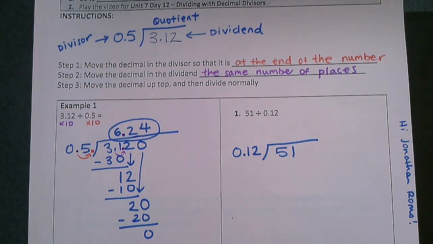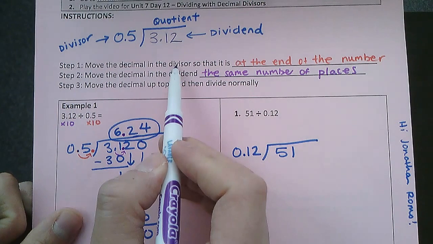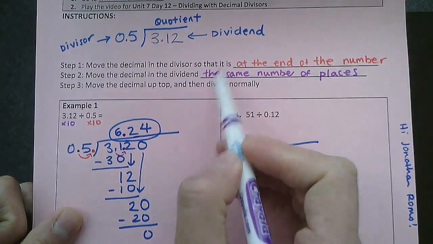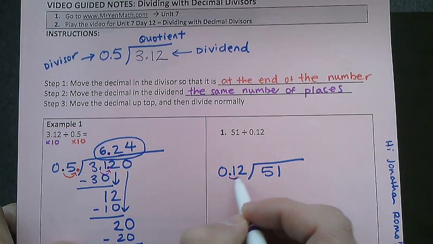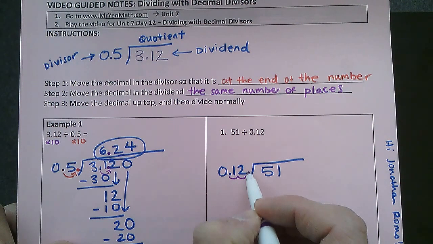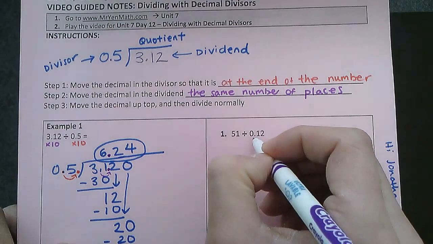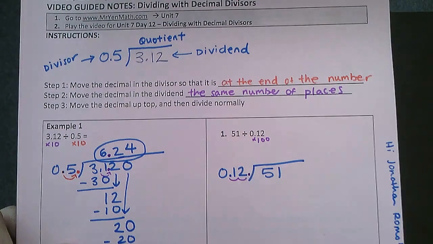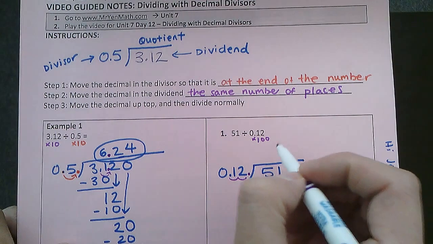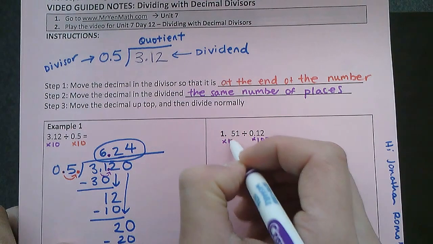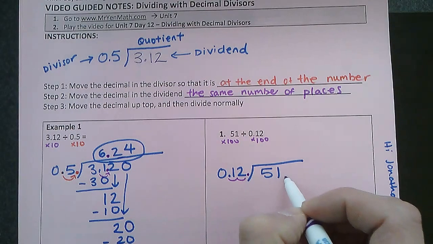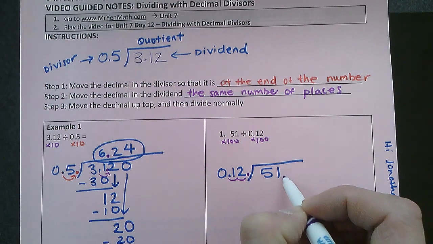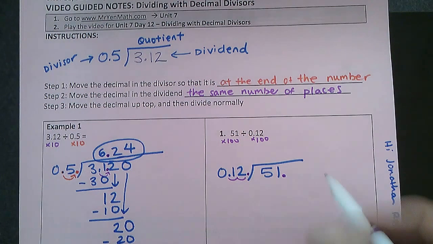Okay. So step 1 is to move the decimal in the divisor, which is 0.12, so that it's at the end of the number. In this case, we have to move the decimal 1 place, 2 places, so that it's at the end. That's the same thing as multiplying it by 100. And if we multiply this number by 100, we have to multiply 51 by 100 so that it stays equal. In 51, we don't see a decimal, but if we added it in, it would be at the end here.